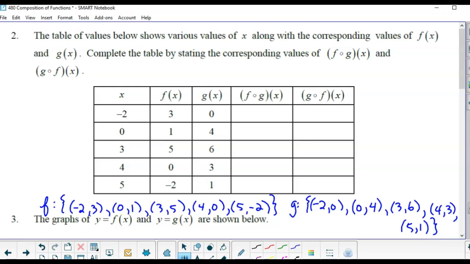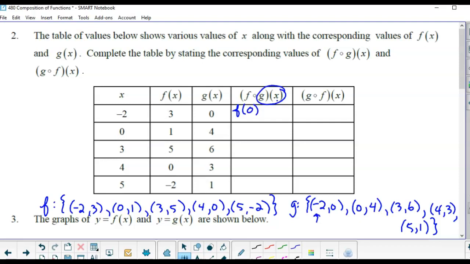So now if we're finding f of g of x, we're going to do it for each x value in the chart. So that means we want to find f, and I sometimes convert it back to the bracket forms. So f of g of -2. So g of -2 is 0. Okay, so I have to do this part first. Or you could look here.